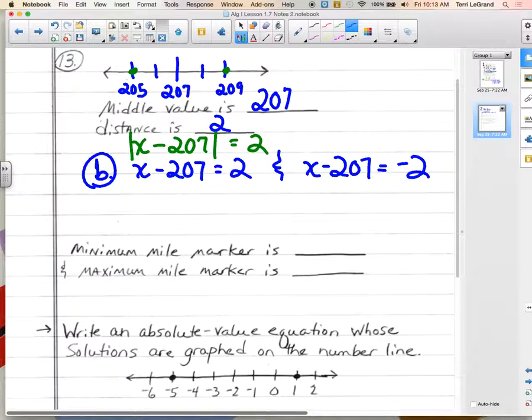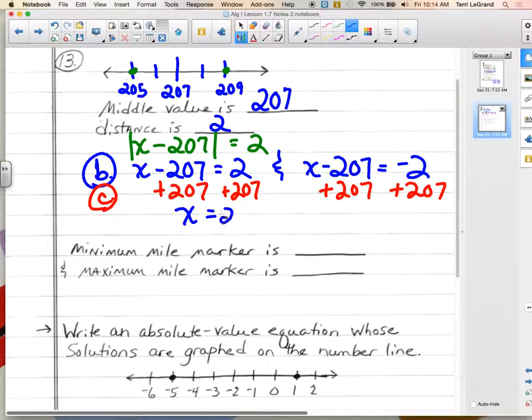So we'll now do step C, which says solve for X. The first one gives us the 209, and the other one gives us the 205.